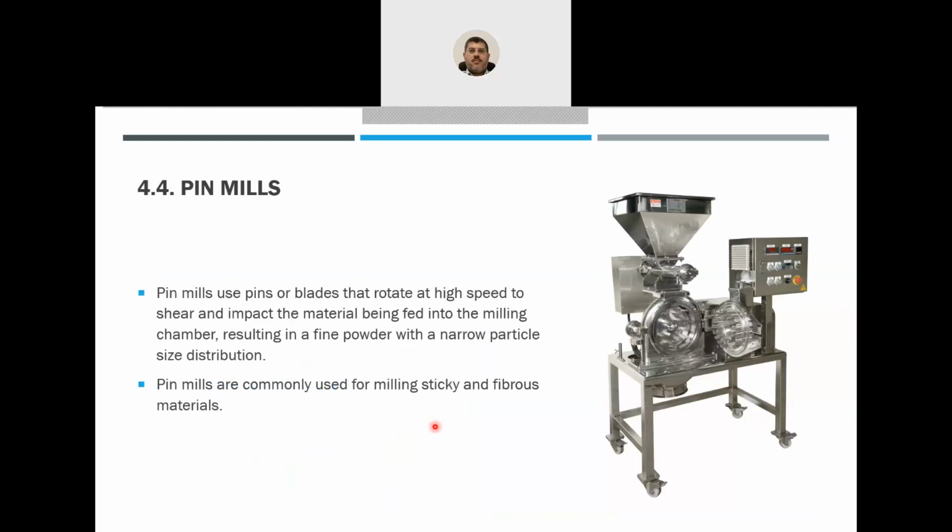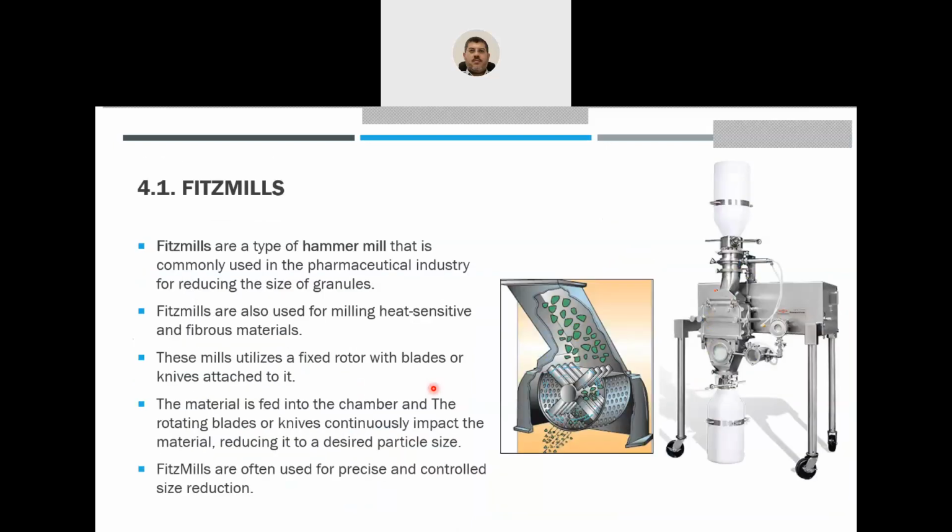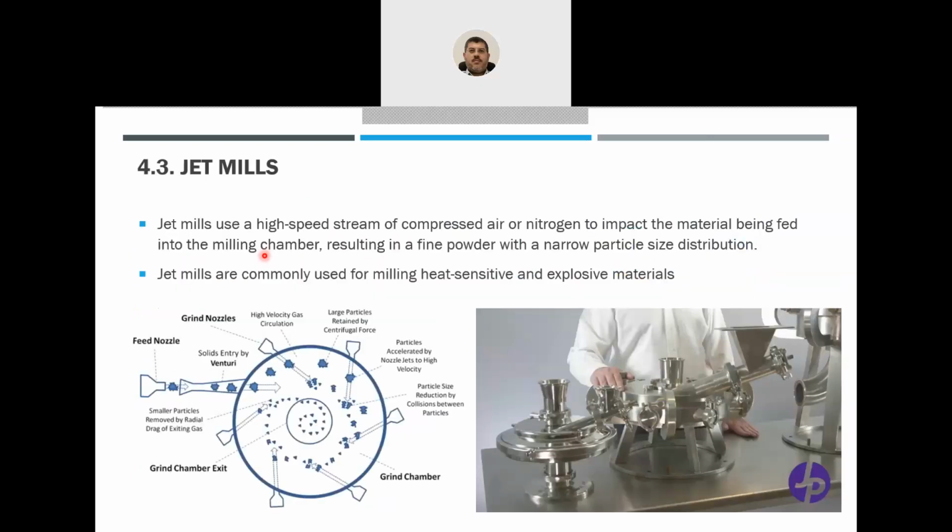There is also one type of these mills that work by impaction of the material with blades. So they are a type of hammer mill, same as the Fitz mill, but only the design is different.